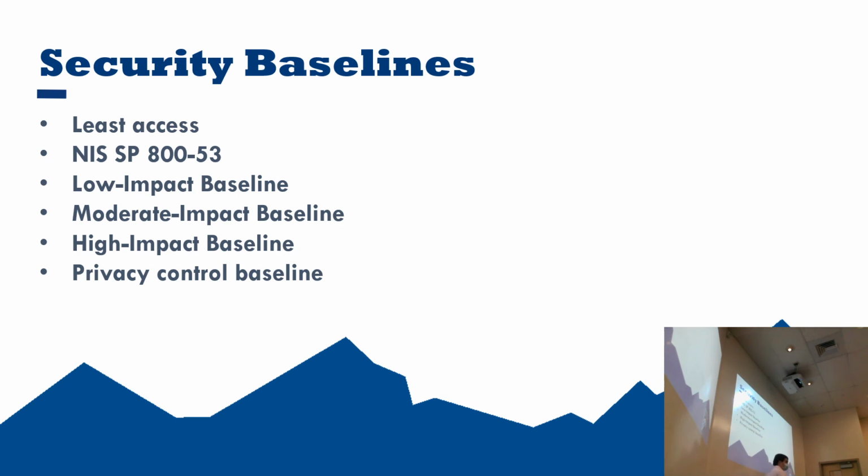All right, so some basic baselines to talk about. Okay, you got your principle of least access. We've covered that today. It's kind of related to the 800-53, which basically just says, give out as little as possible. These are the basic baselines you have, okay? And the idea here is that as the information becomes more damaging or potentially more damaging, okay, you treat it with more sensitivity.